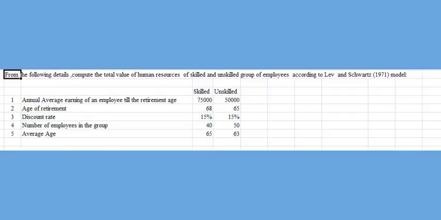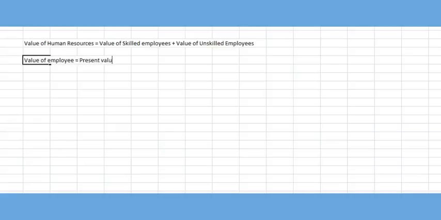Let us now see how to answer this question. Total value of human resources is the sum of present value of future earnings of both skilled and unskilled workers. We are asked to follow Lev and Schwartz model.